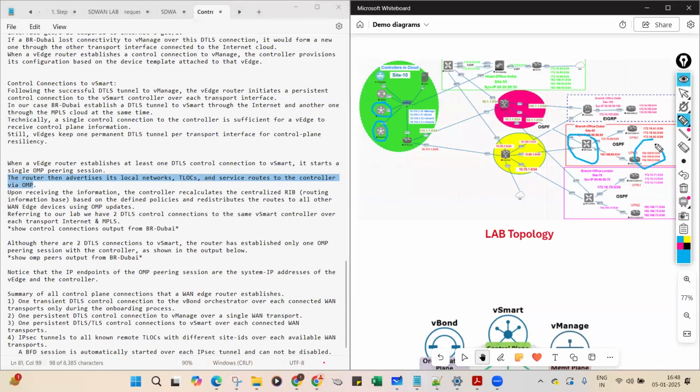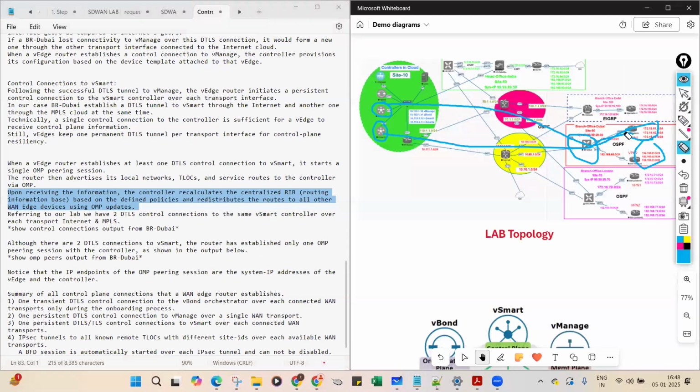All these local networks are advertised via OMP from the WAN edge to the vSmarts. Then, upon receiving the information from the WAN edge, the vSmart recalculates the routing information base based on the defined policies and redistributes it to all other WAN edges using OMP updates.